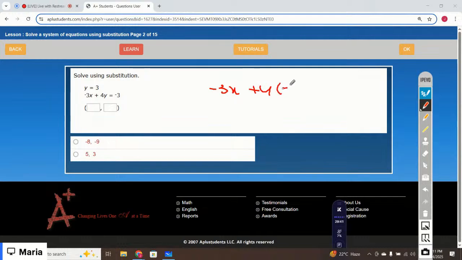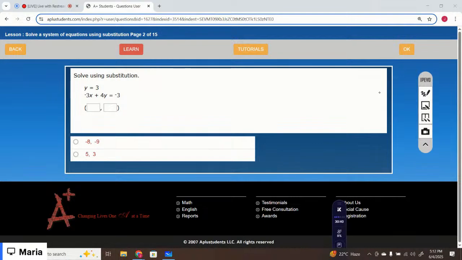Negative 3x plus 12 equals negative 3, so negative 3x equals negative 15. Option number 2 is the correct option, that is 5 and 3.